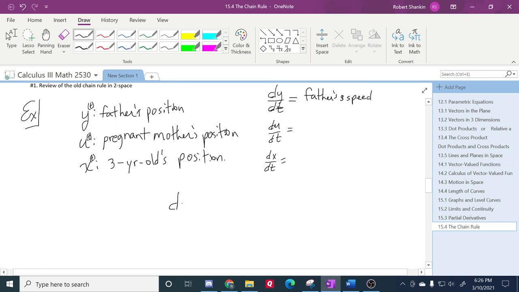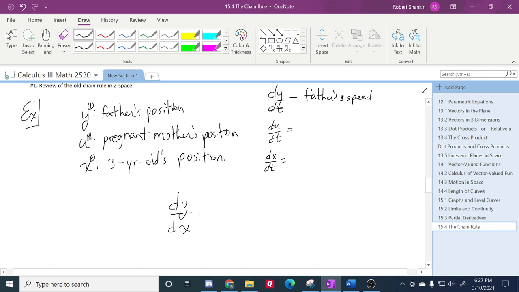Suppose we wanted dy, the father's position, versus the son's position, dy/dx.